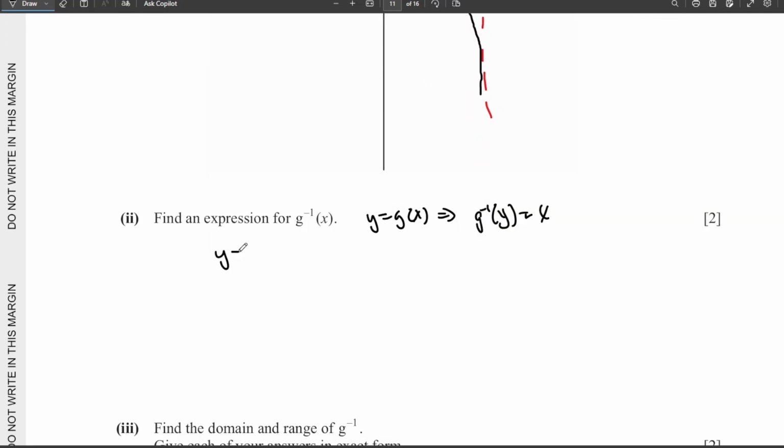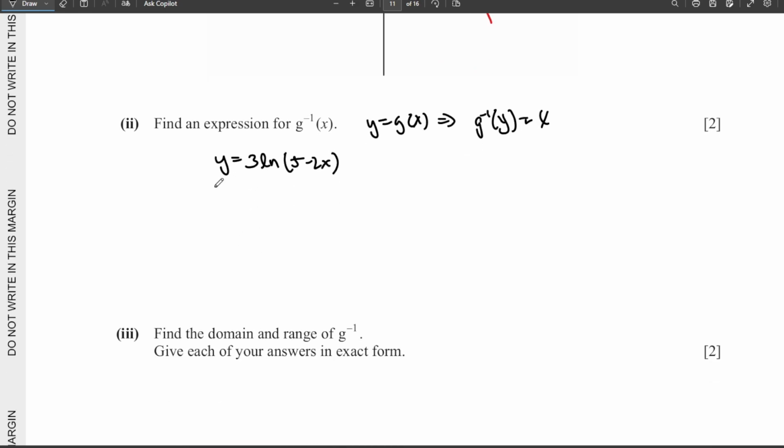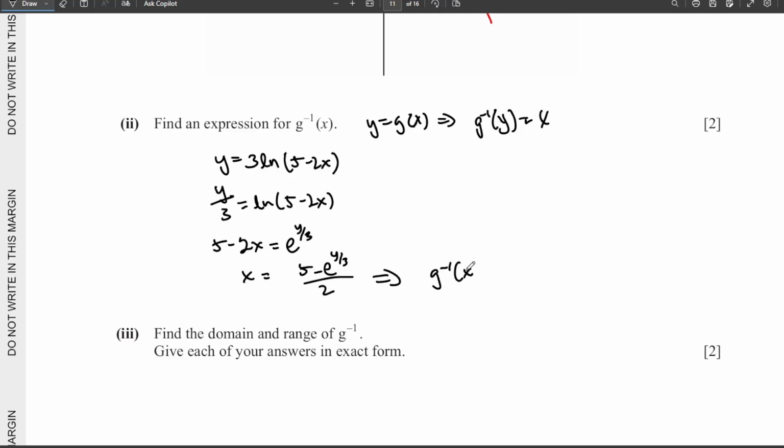So let y equal the function, and then we find back the x. We find back the input. Yep, we got this expression, and remember to present it as g inverse of x equals this expression, and that will get you your final marks there. It's supposed to be x, don't present it as y.